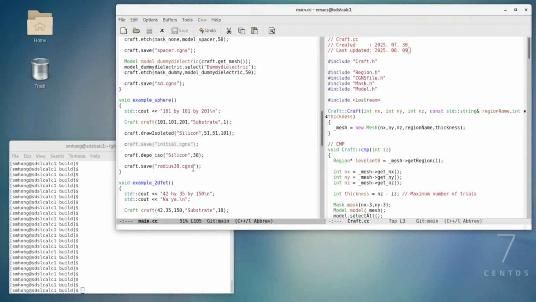30 steps. So if it is really the isotropic deposition, then what I expect is having a sphere whose radius is 30 in this scale.